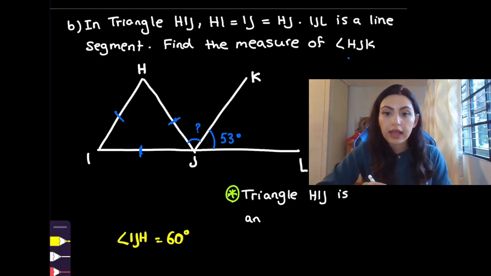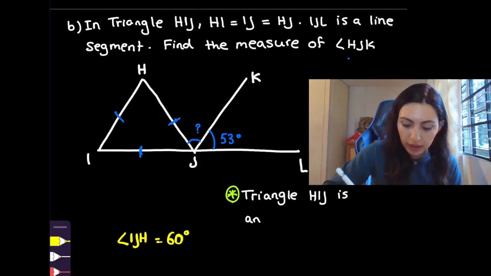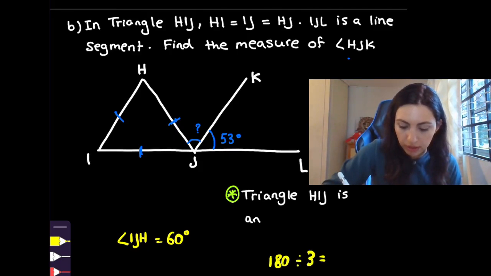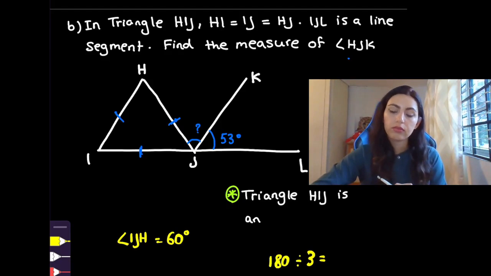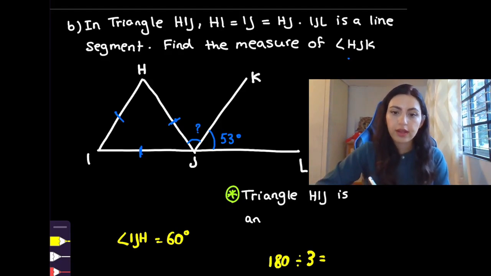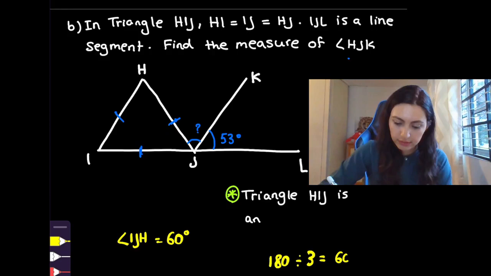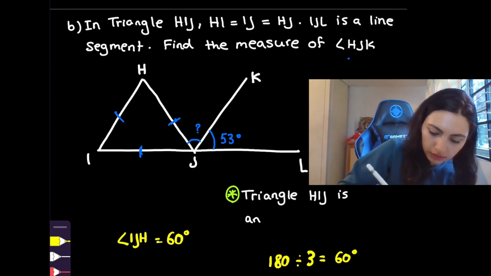When all the angles are equal, that means they're 60 degrees. Try it. 180 divided by 3. What do you get? Do your calculation. You get 60. So each angle is 60 degrees.